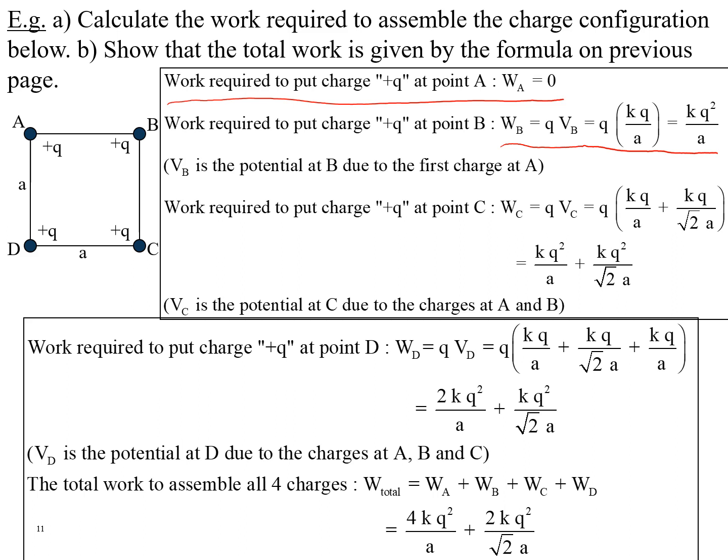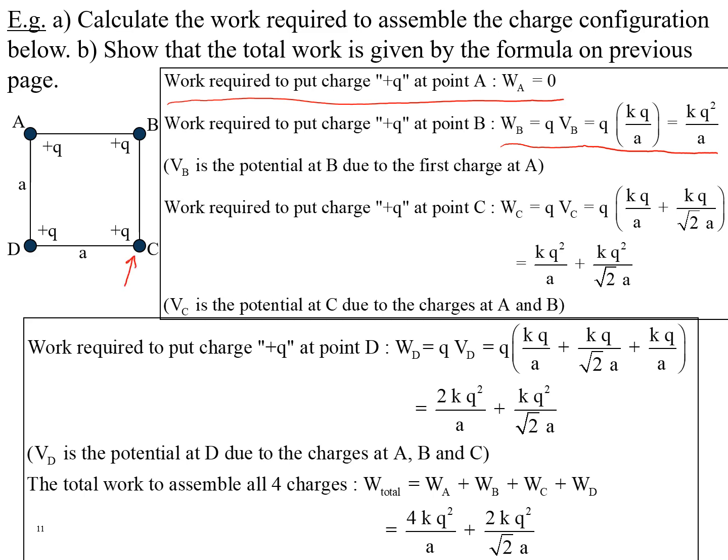Now we can say that the charges at the locations A and B are present, and we want to bring in from infinity a charge Q, which we will then park at the location C. In that case, we have to ask, what is the potential at C due to the original two charges A and B?